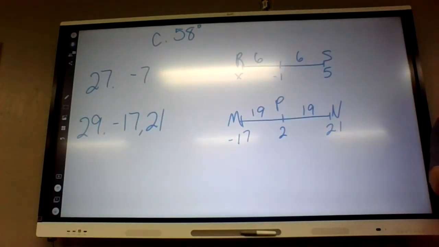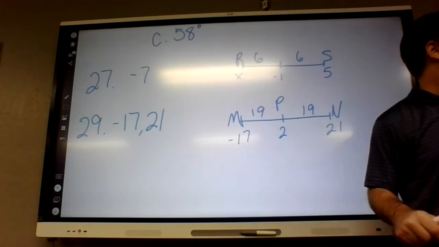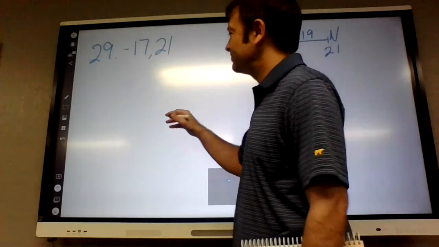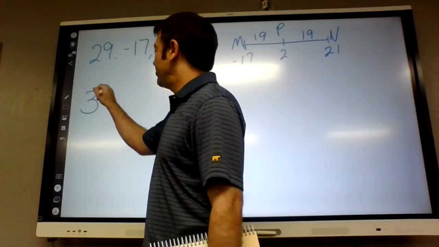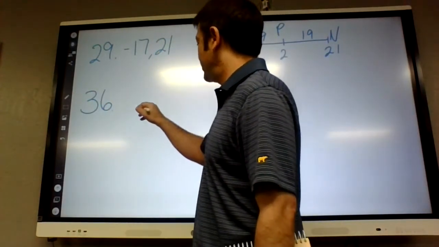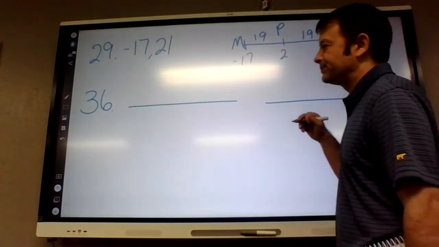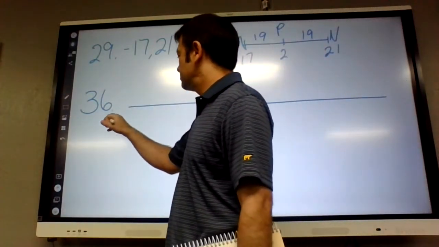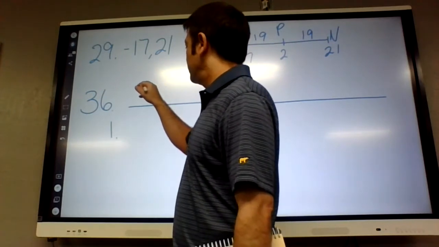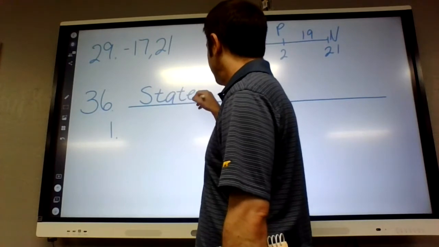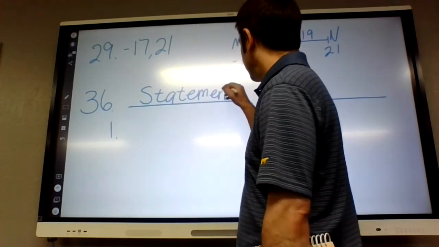Okay, since we skipped those drawings, let's do 36. I know you guys are hoping we do a proof today. Okay, when I write a proof, what did I always put at the top? The headings: statement and reason.